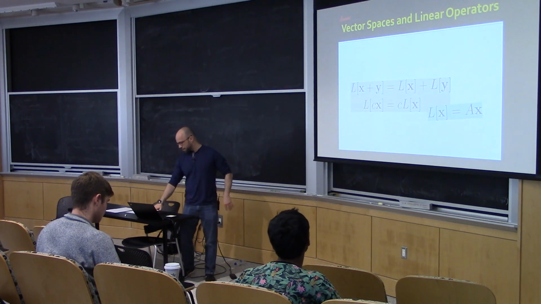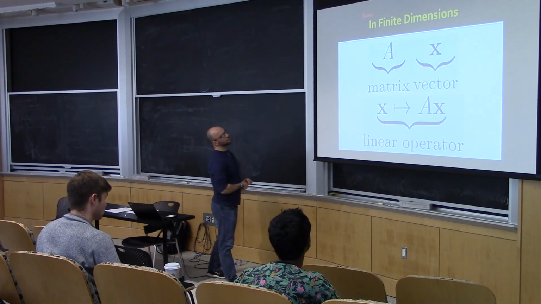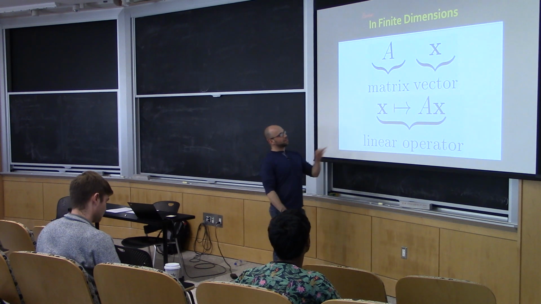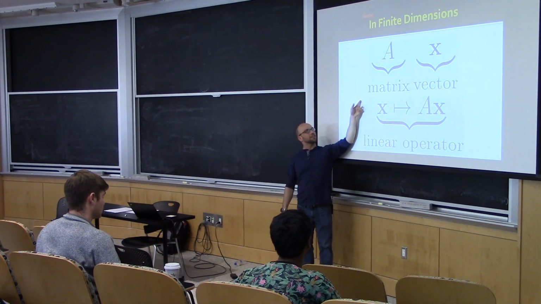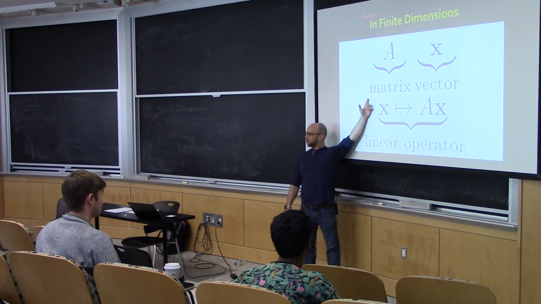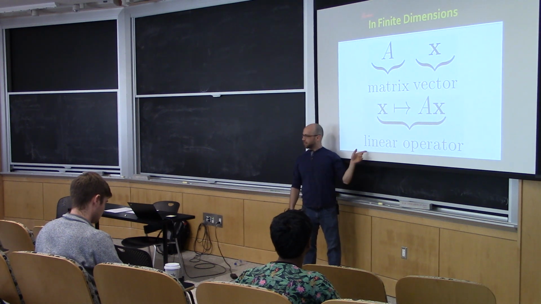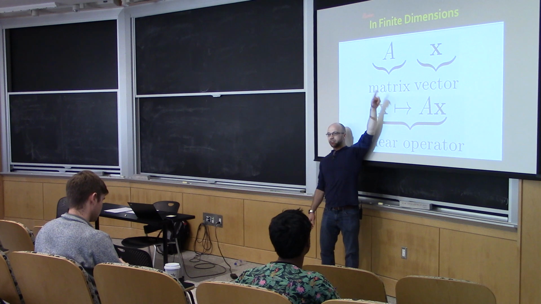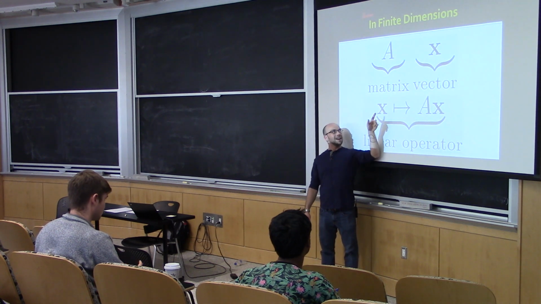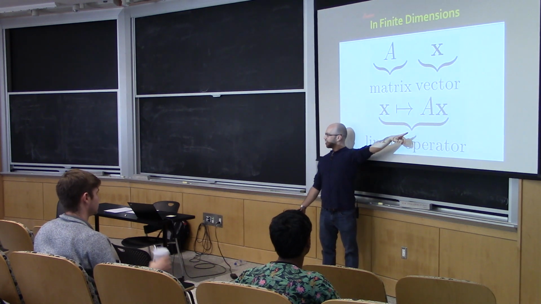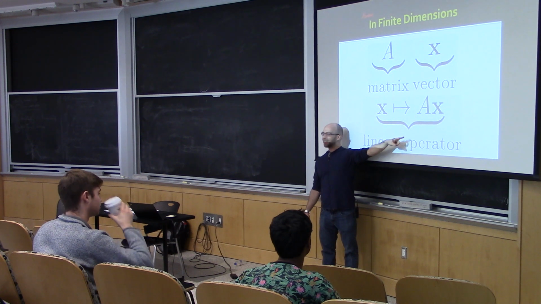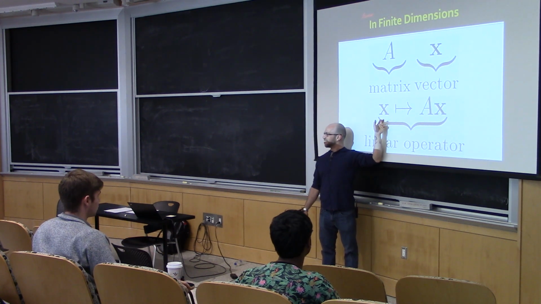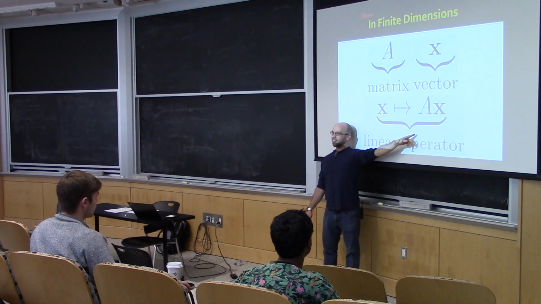Okay. Of course, there's some terminology here, and as you might remember from our second class, what we used to call matrix vector products, in this class we're going to think of as linear operators, right? So the linear operator corresponding to a matrix vector product is the operator which inputs x and outputs A times x. You can think of it like a piece of code that takes in a vector and outputs another vector.